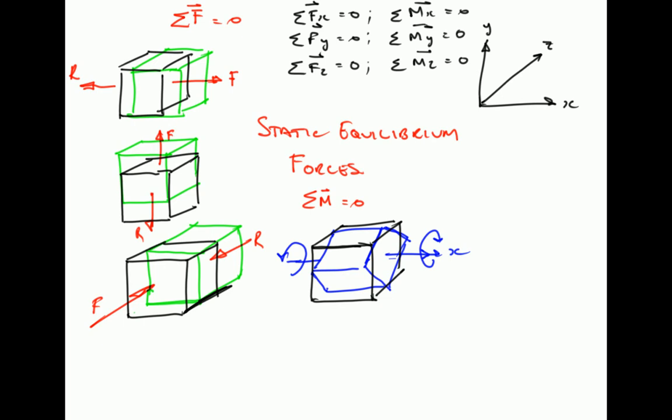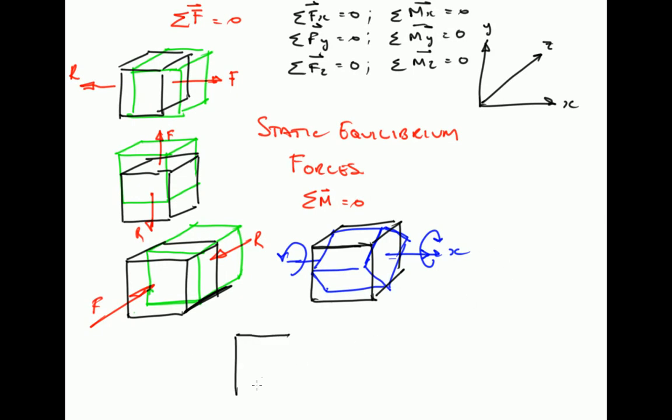Therefore, in the x direction, the sum of all the moments has got to equal 0. If we have a system of moments rotating that body, we need a system of reaction moments to resist that rotation.